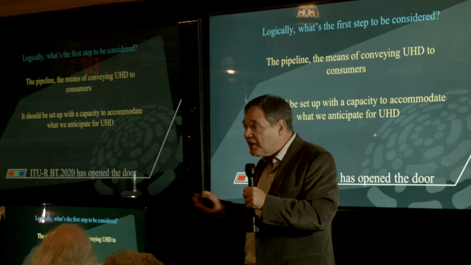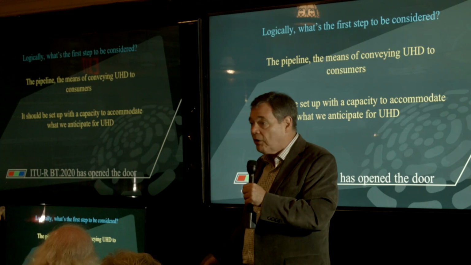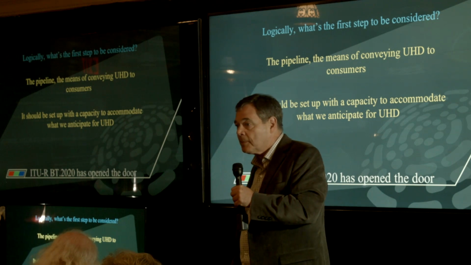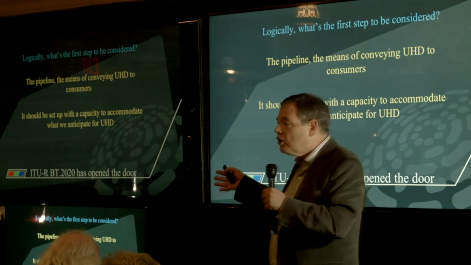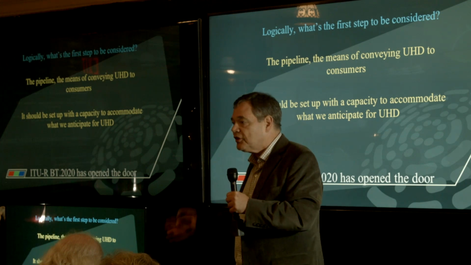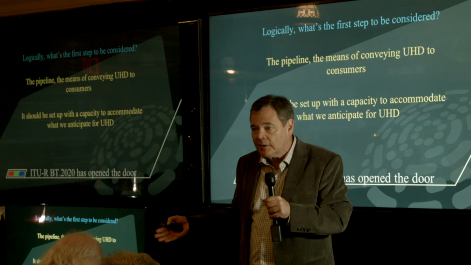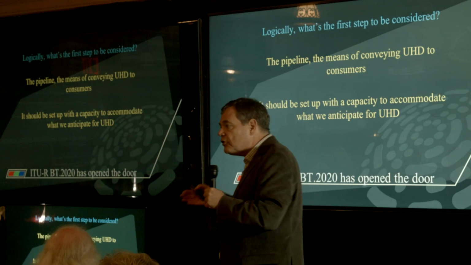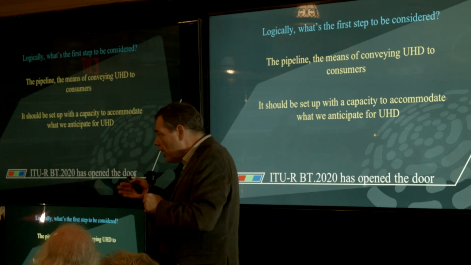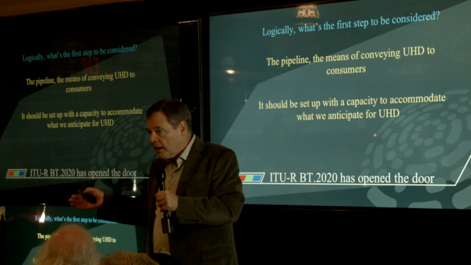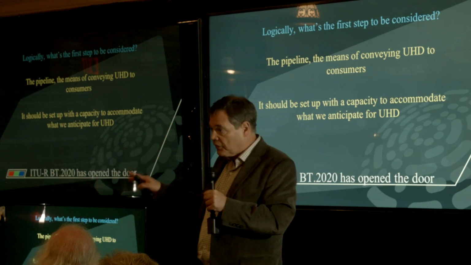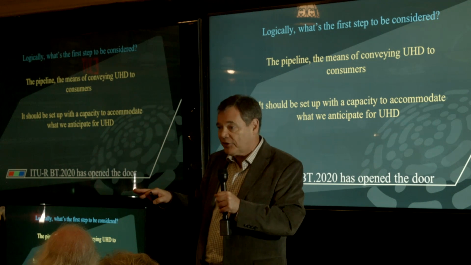There's nothing on the set that will allow them to input 12-bit 444 signals. So what good is it if you can't input it to the set? What good is it to develop it? So connectivity is the most important part of UHD, and that is the first thing that we've got to work on, not the last thing.